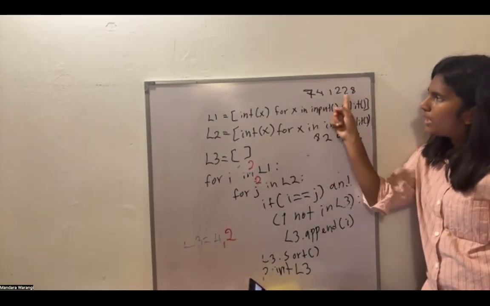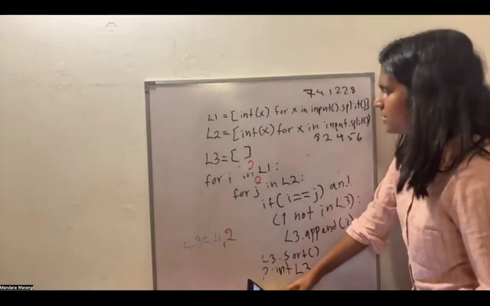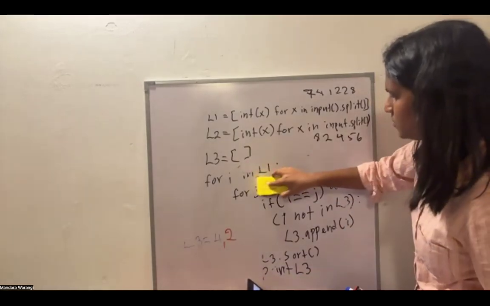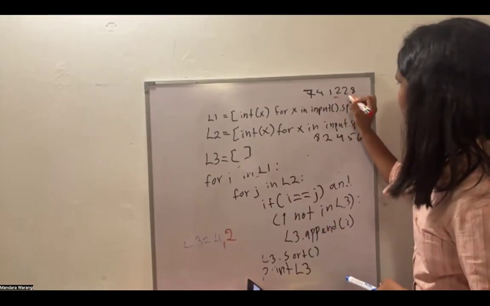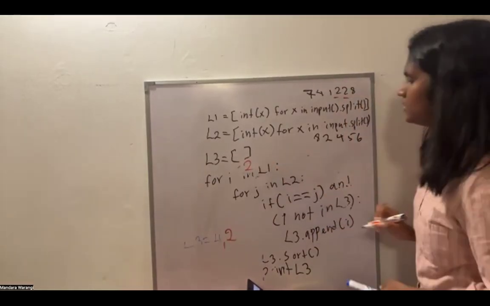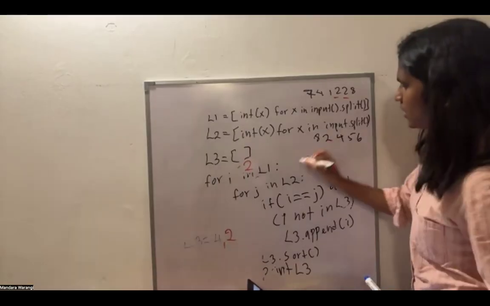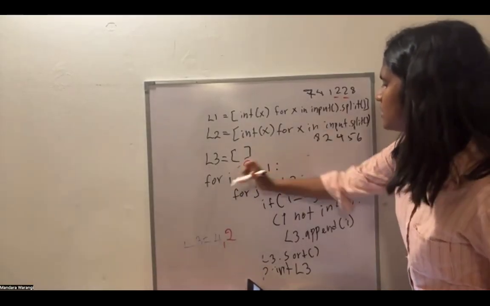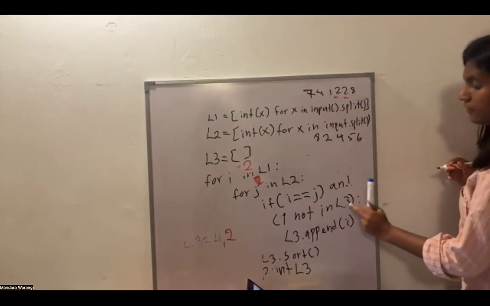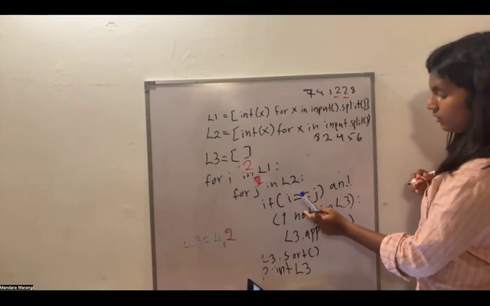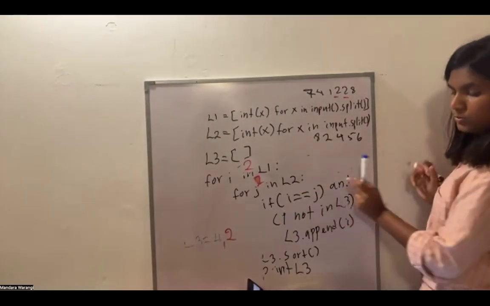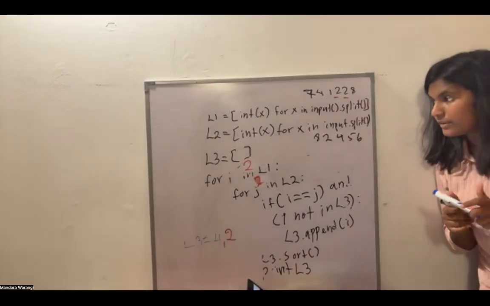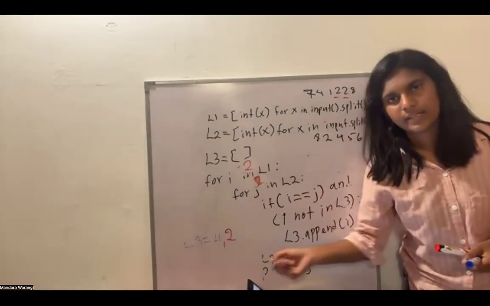Then the next 2 comes in. We check whether 2 is equal to 8. No. Then 2 is equal to 2. And we check whether I is not in L3, whether 2 is not in L3. No, 2 is there in L3.